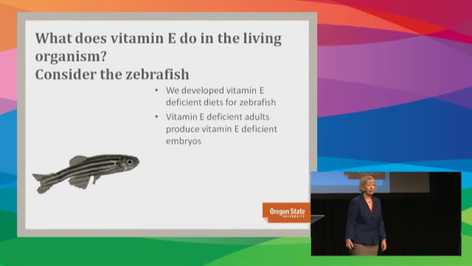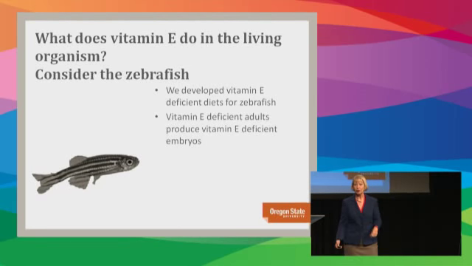Now, what we did is we took zebrafish. Why? Well, when vitamin E was discovered, they started with E-deficient rats, made them pregnant, and those pregnant rats couldn't carry the fetus to term. So does the rat need the vitamin E, or is it the fetus that needs the vitamin E?